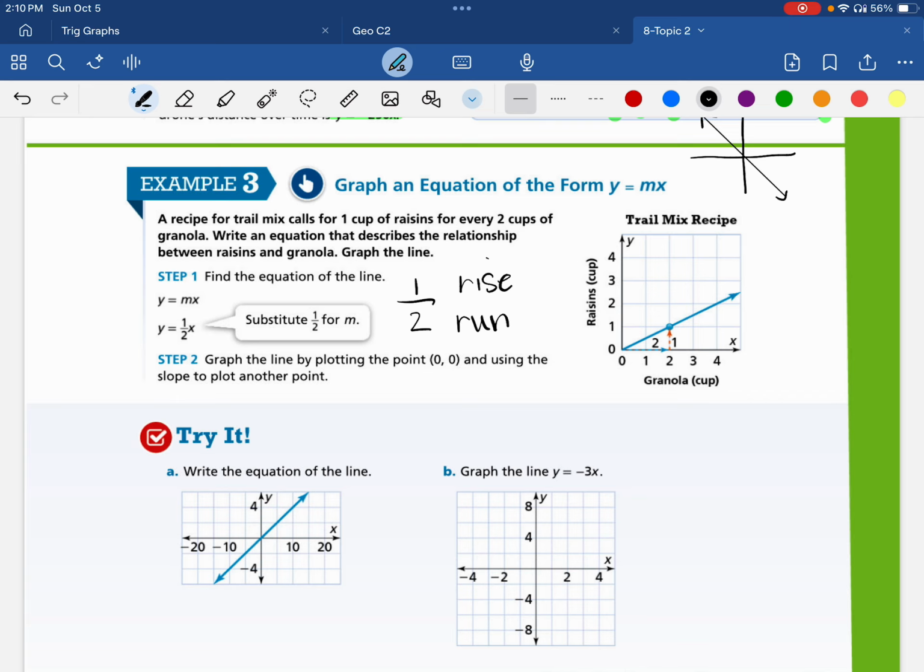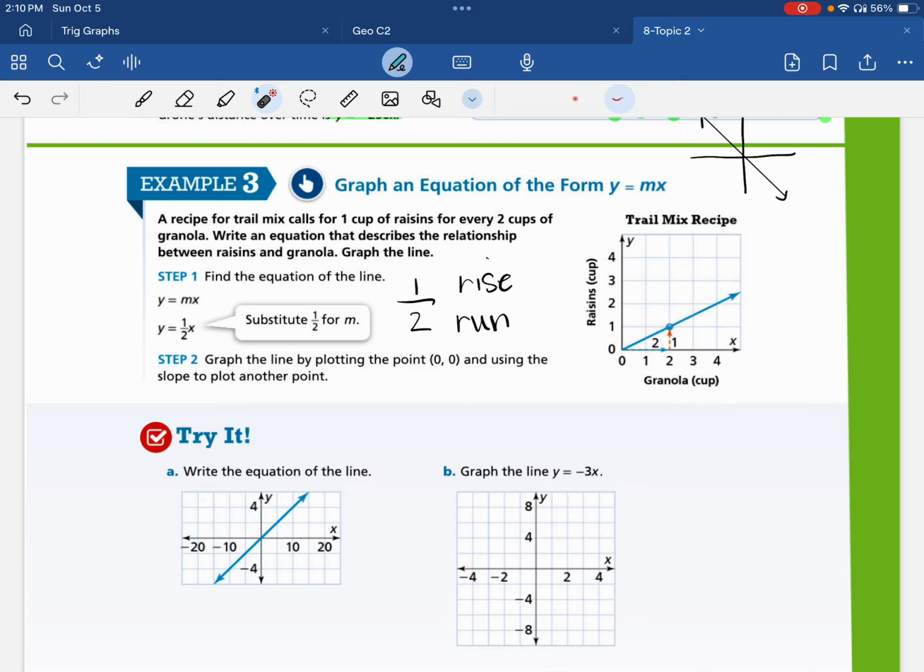So if we're starting at 0, 0, that tells me that I am going to go up 1 over 2. Up 1 over 2. You continue doing that until you run out of graph. Put as many points on there as you can, and then you will use a straight edge to draw your line.